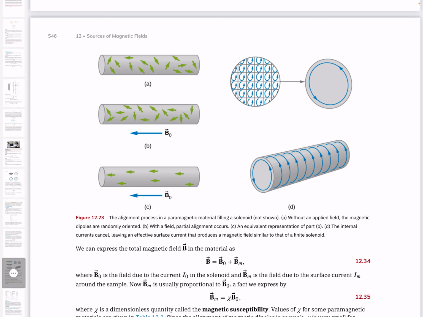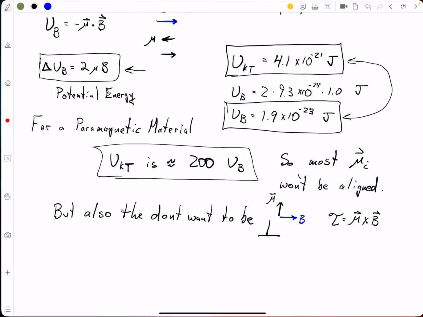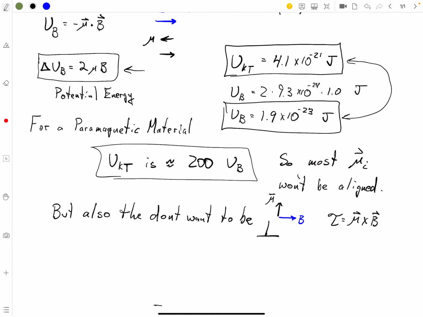Okay, so the overall mu will be in the direction of the B field, and it turns out that for a paramagnetic material it is, but it's about 1/3.